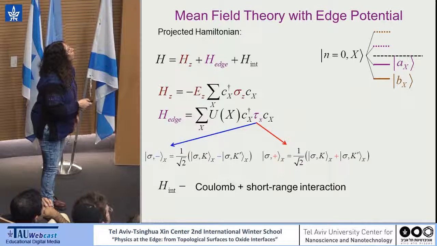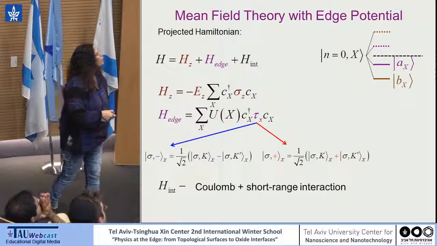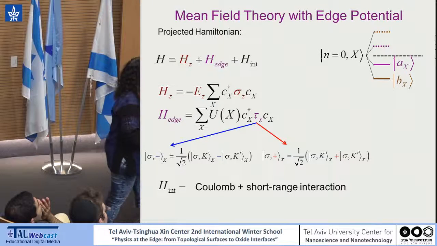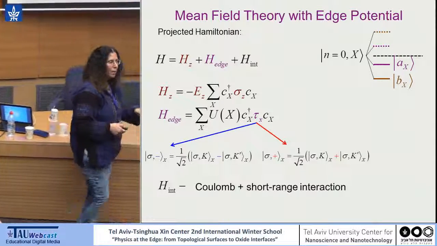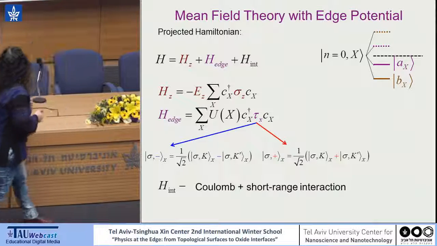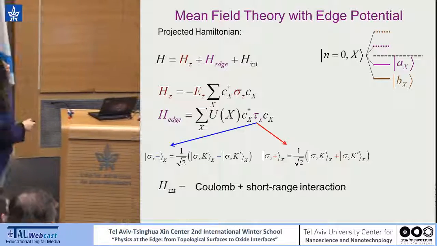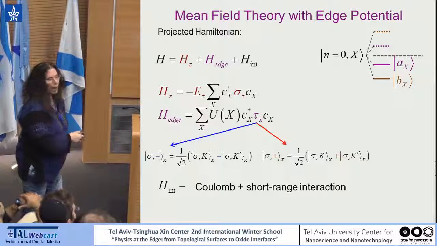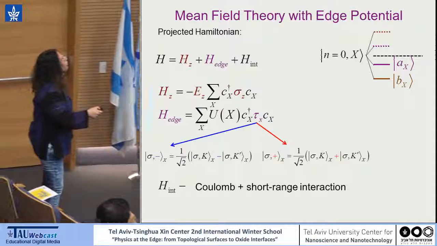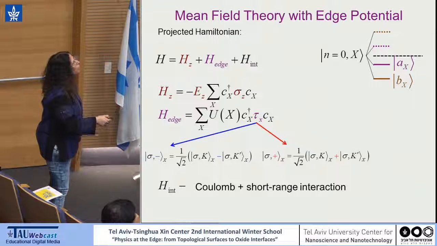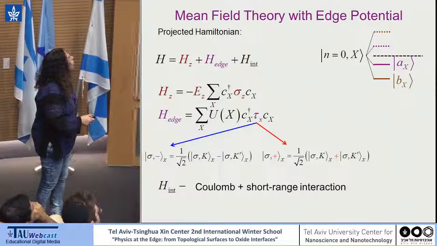So I will not go into any details of the theory, but the first stage is to see what is the ground state of a system when you account for interactions and the Zeeman energy and, most importantly, an edge potential. So basically, the first stage was to repeat Kharitonov's calculation, which is basically Hartree-Fock, a mean field, but with an edge.